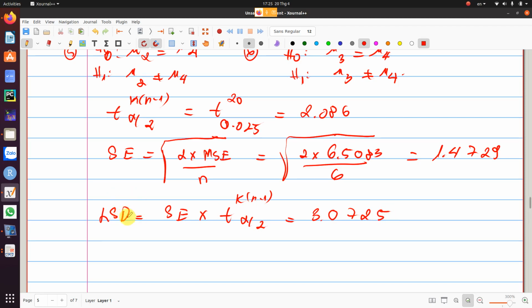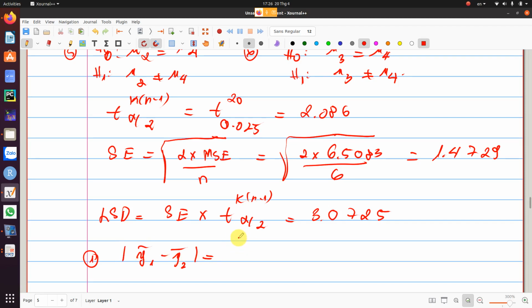Once we already have the LSD, we can get the conclusion. Based on number 1, the comparison between the average of group 1 and group 2, we consider y1 bar minus y2 bar.